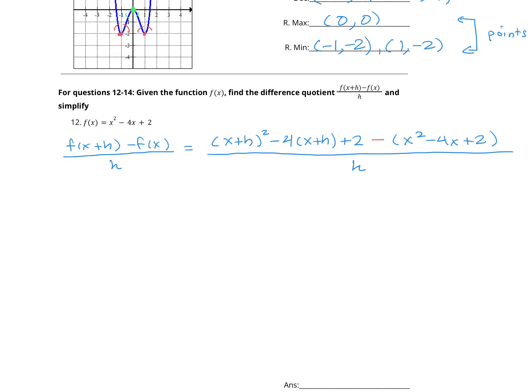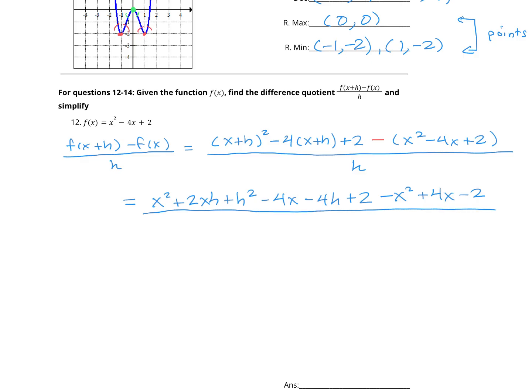Next thing to do is to use FOIL to multiply this out. That's x squared plus 2xh plus h squared. Now we distribute. Minus 4x minus 4h plus 2. Once again, distribute. So we've got minus x squared plus 4x minus 2.